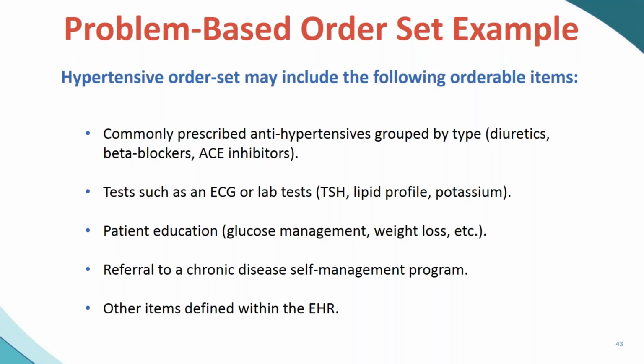Then you'll have a section with the tests, a section with the patient ed, and you can even do referrals in a lot of the problem-based order sets, and maybe there's a referral to a self-management program. And some EHRs allow you to get really crazy, and you can include a lot of other information or a lot of other items within your problem-based order sets.